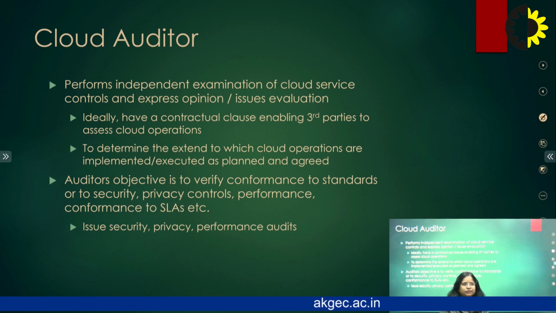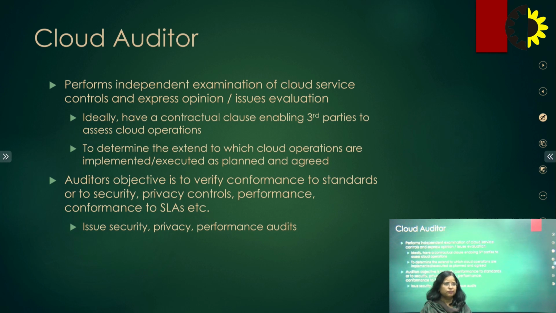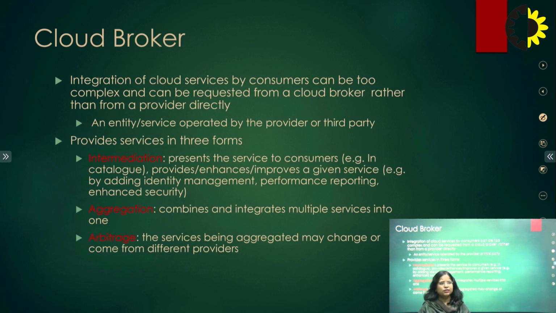The cloud auditor has the contractual clause. It works as a third party, works on the SLA made by the cloud provider, and checks the SLA. The cloud broker is the intermediary between the cloud consumer and the cloud provider.